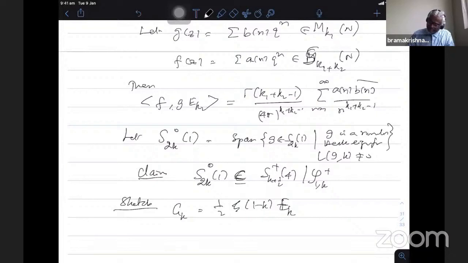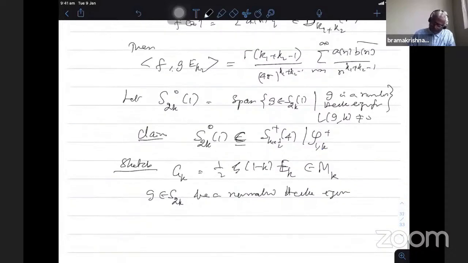That's why he takes the normalized in a different way, this is M_k. So G is a normalized eigenform, and then use this property.